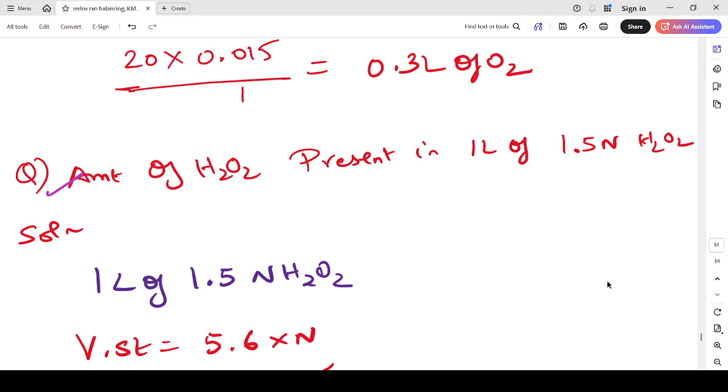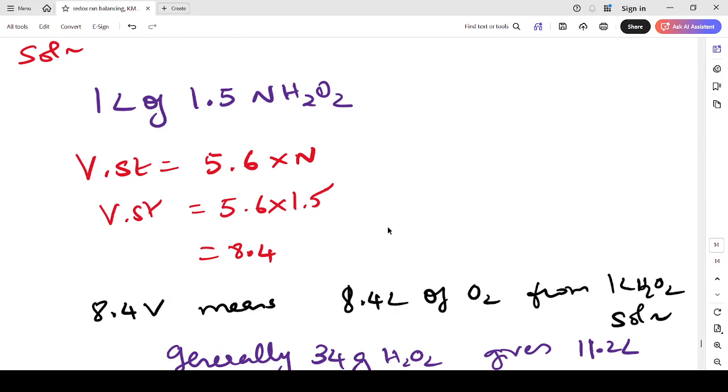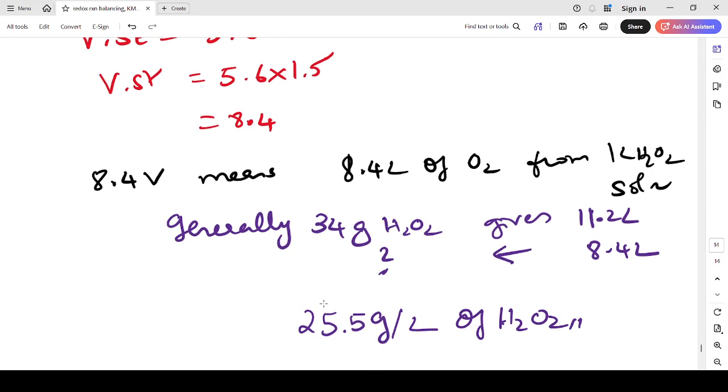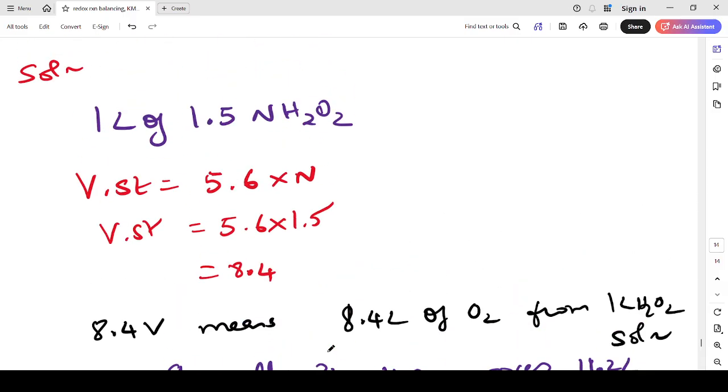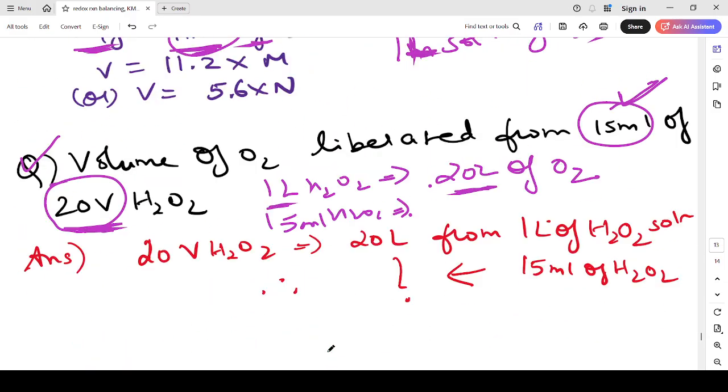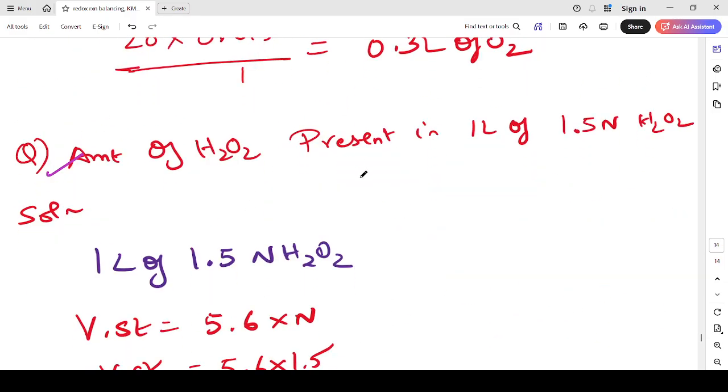Okay, guys, did you get this answer? You need not go with volume strength formula and all. Just go with the formula. Normality is equal to equivalent moles divided by volume of solution in liters. Normality is 1.5.